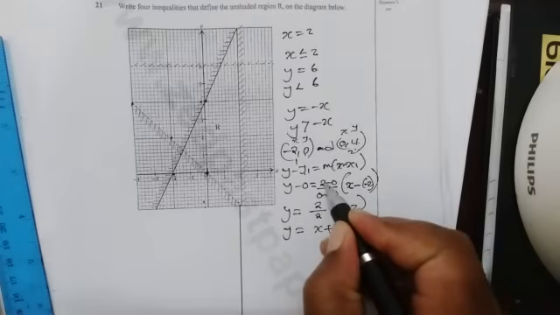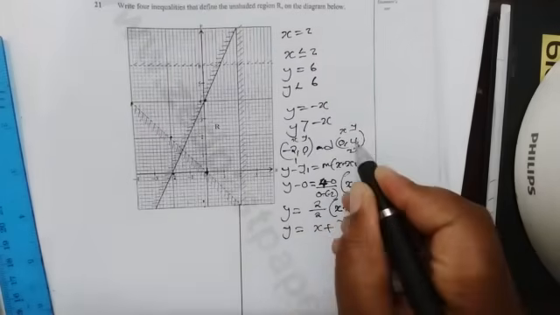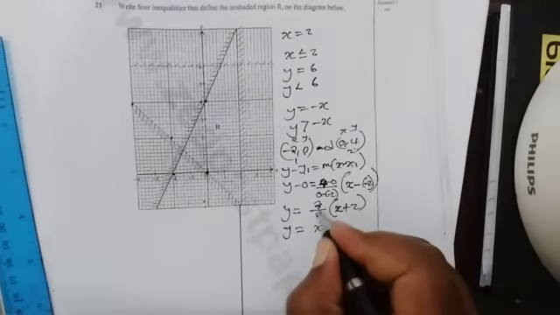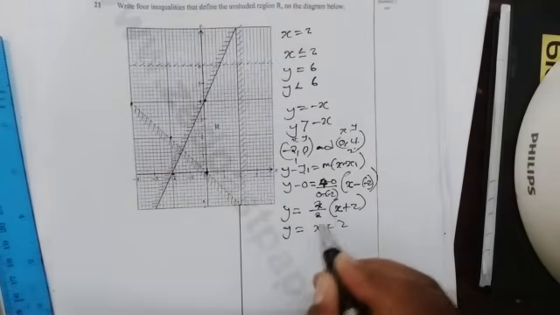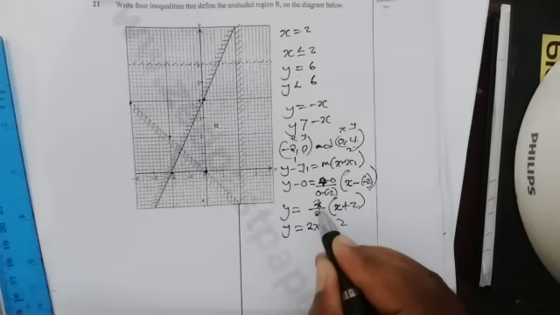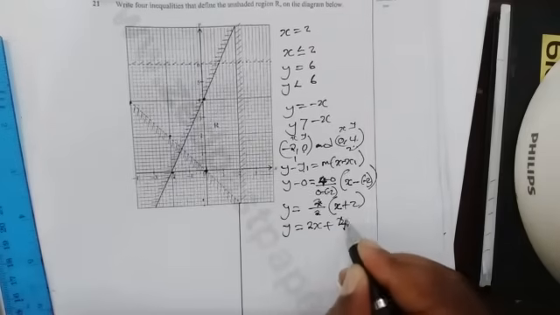This is supposed to be not 2 but 4, because this is 4 minus that.